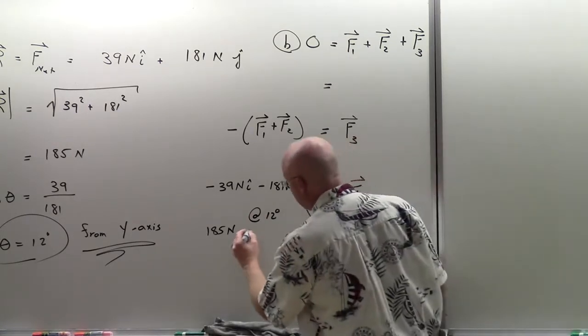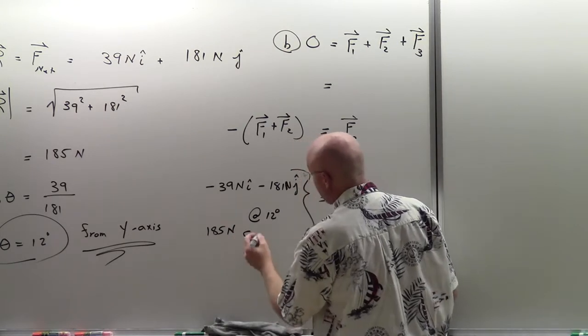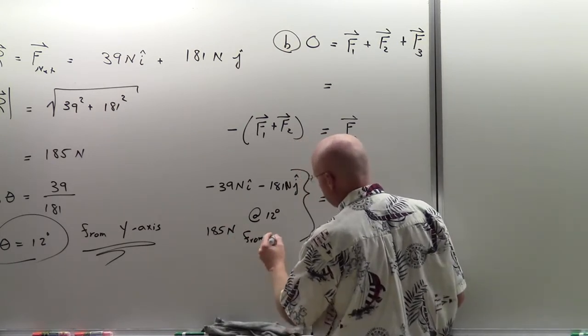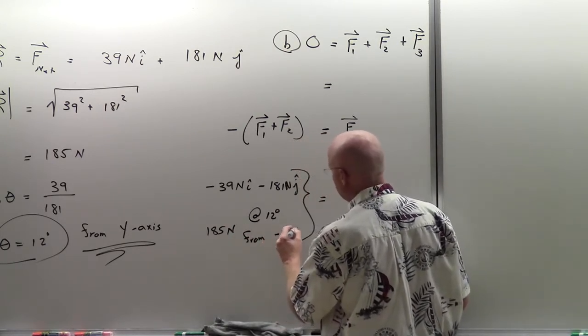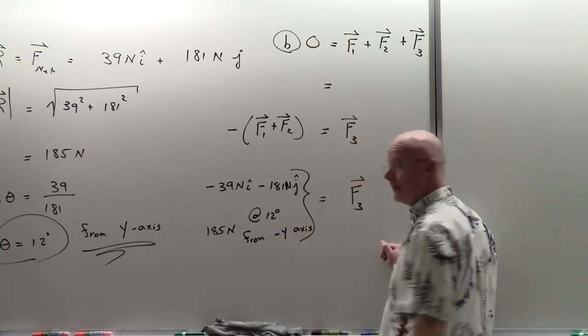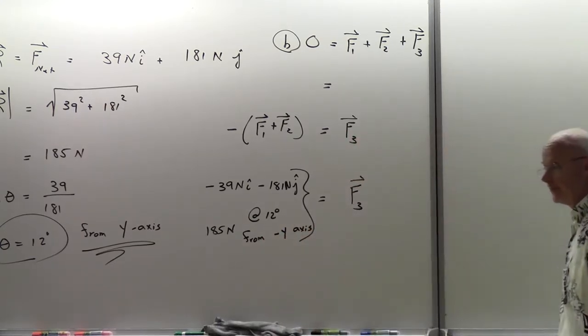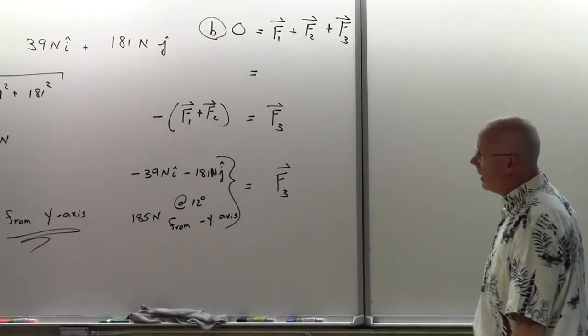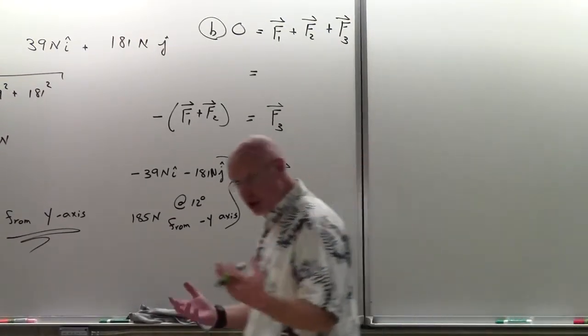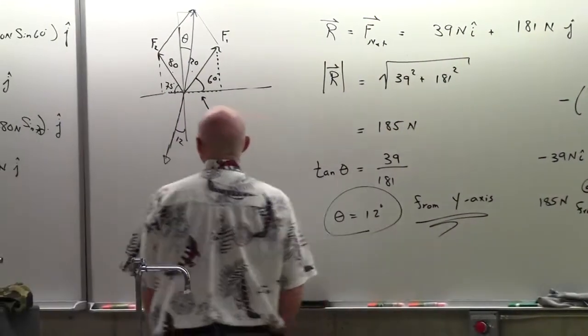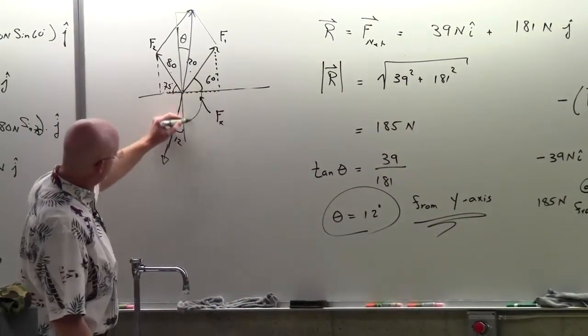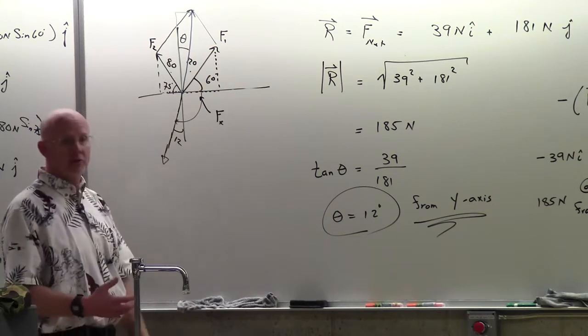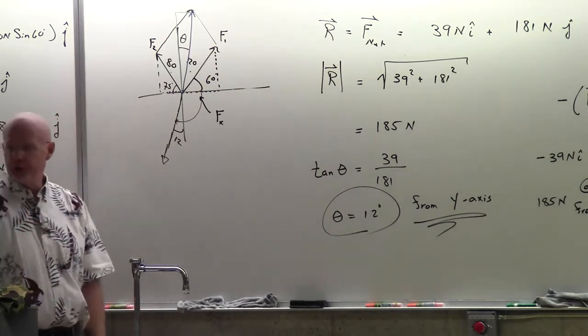I would say from, and maybe I'd put the negative y-axis here, and say, okay, it's negative in that direction. Or you could go to the more traditional measuring from the x-axis, and that would be 90 plus 12, 102.